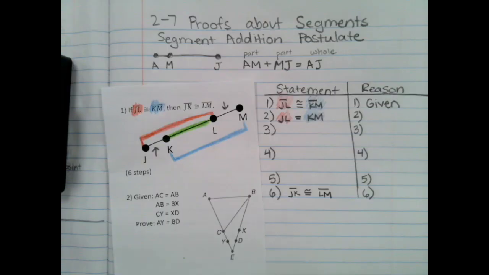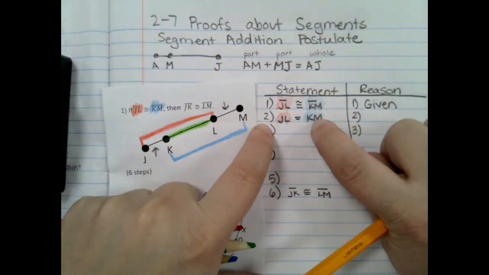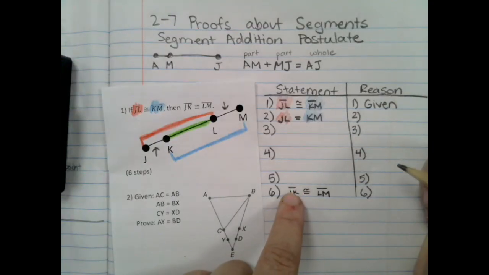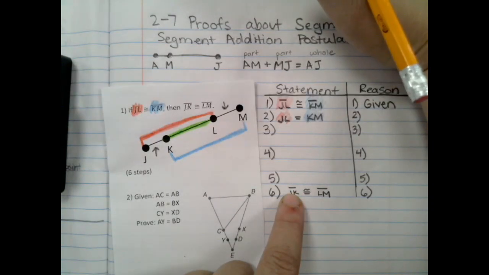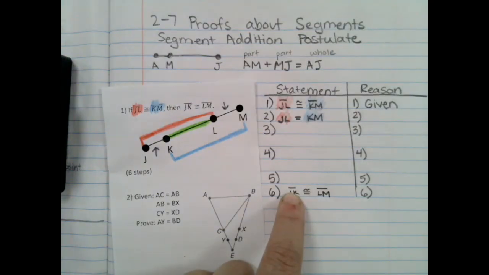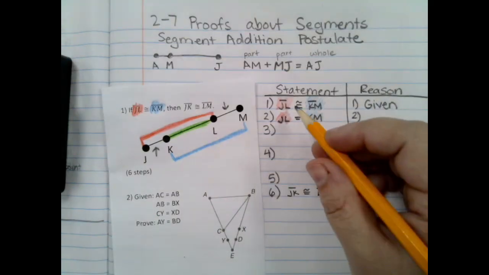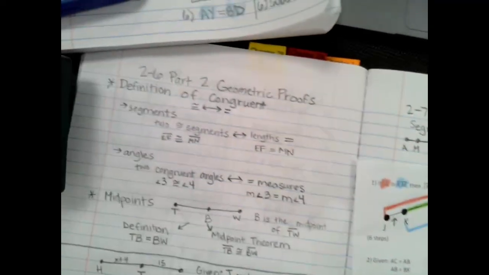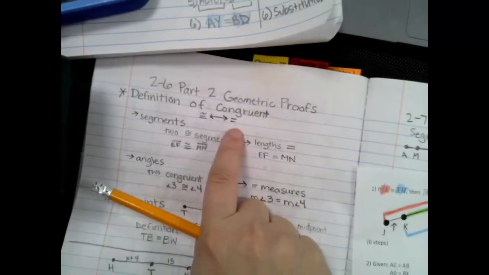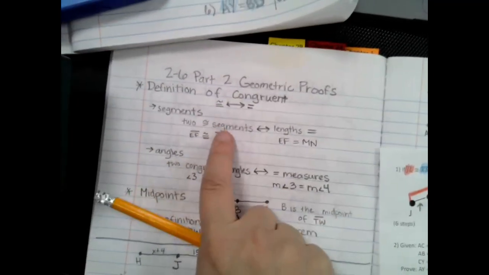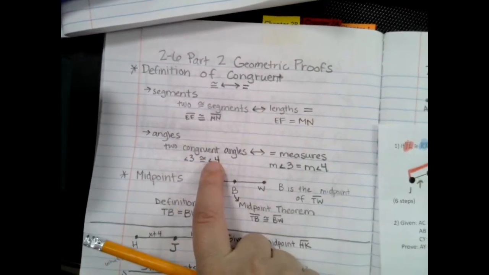And what do we call that when we switch from a congruent symbol to an equal symbol? When we looked at that yesterday, what tells us we can go from congruent to equals, or back and forth? That's our definition of congruent. And are we really dealing with segments or angles?